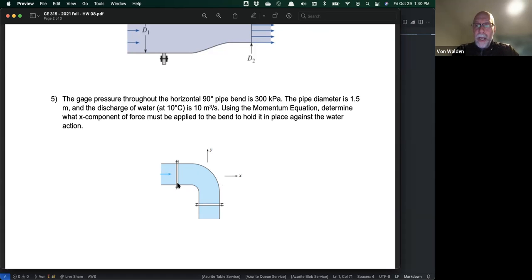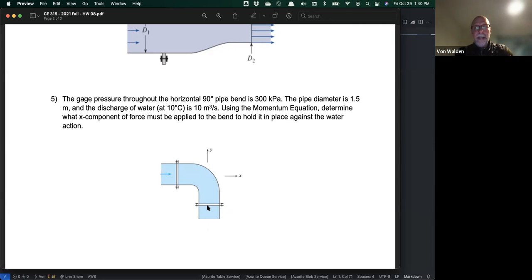Now let's take a quick look at what the compressive pressure forces are. In this case, you're going to have a pressure force from left to right. That's P1. If this is point 1, this is going to be P1A1. But here, you're going to have a compressive force that is P2A2. That's going to be directed in the positive Y direction because it's compressive.